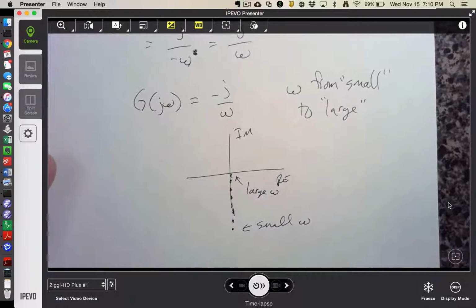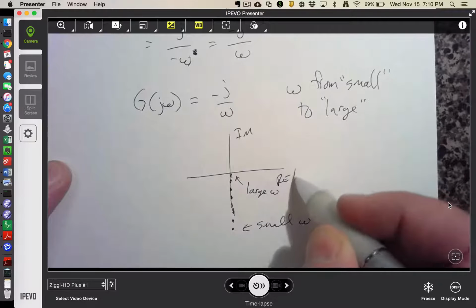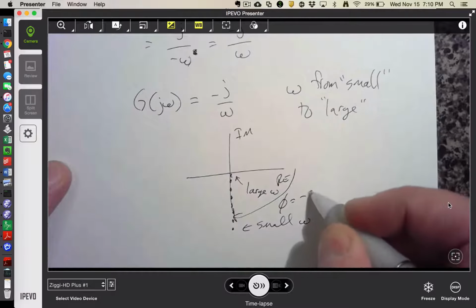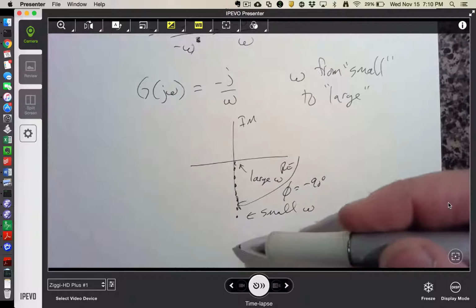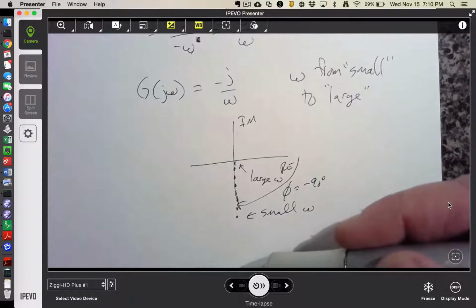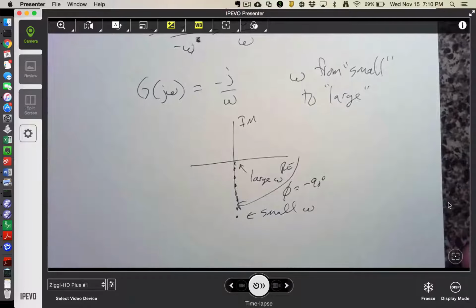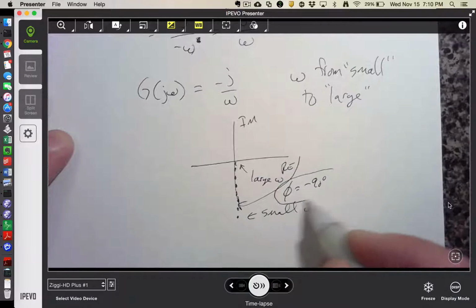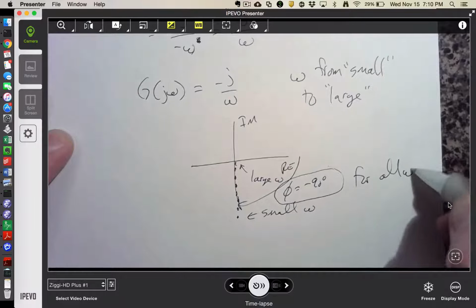So we're always negative. If we think about the phase angle to one of these points, our phi is always minus 90 degrees. And like I said, our magnitude would be infinite for really small omega, or omega equal to 0, and then it's going to get smaller and smaller. And the phase will always be negative 90 for all omegas.